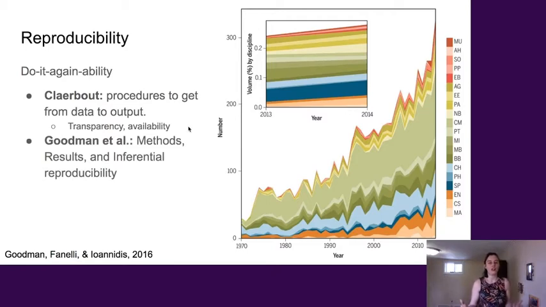Goodman et al. kind of broadened the conversation about reproducibility, or at least named a broadening that had already existed in the literature. So they talked about methodological reproducibility. Can we do the study again? Results reproducibility. Can we get to the same kind of analyses? This is pretty close to the original definition of reproducibility. And inferential reproducibility.